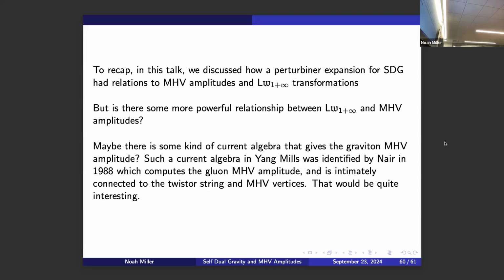Even for the near case, the action was written down by Casali and Bu, just a few. I'm asking something even more basic: is there a current algebra? There'd almost certainly be some action involving ghosts and so forth, but I'm asking for something simpler.